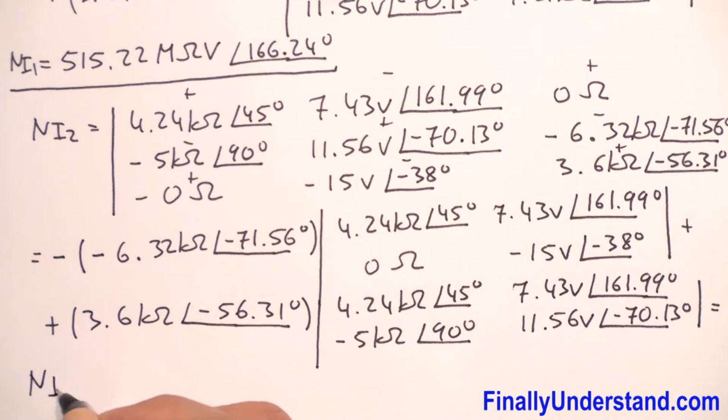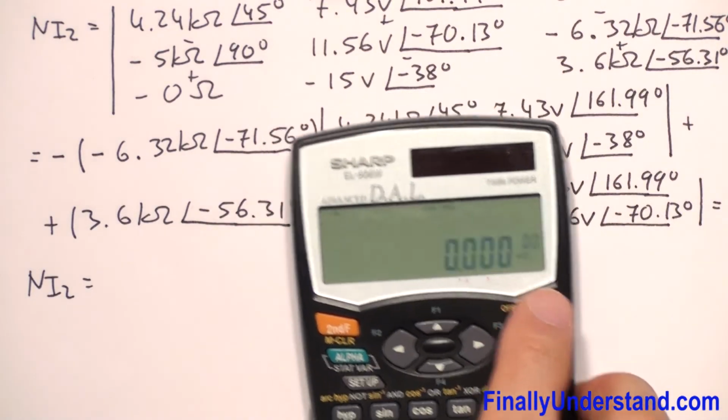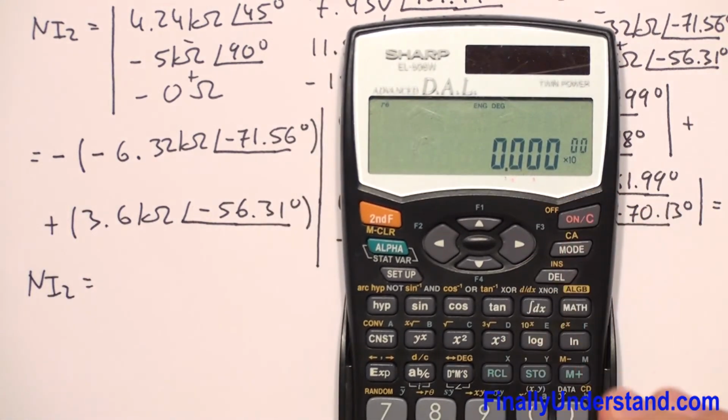So let me write this down, Ni2. Now I'm going to use the calculator. Negative times negative will give me positive.